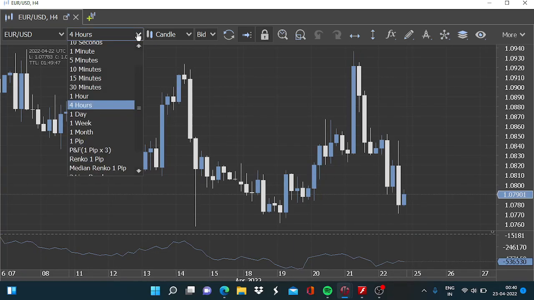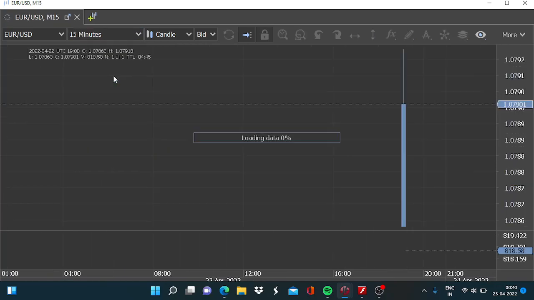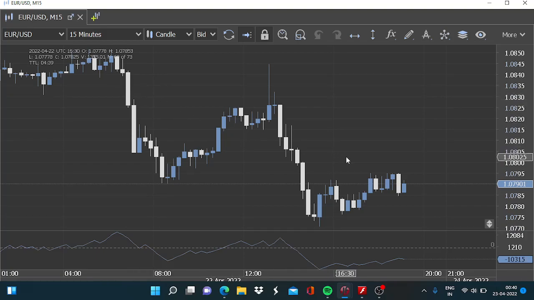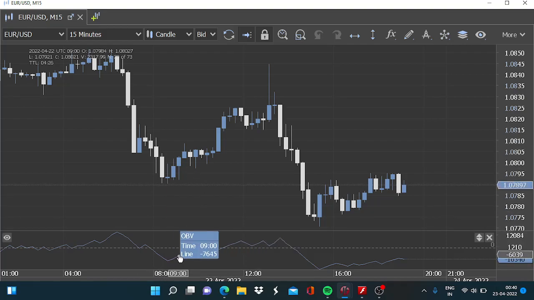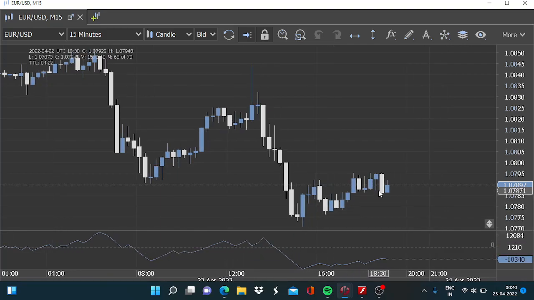Provided the 4 hourly conditions are in favor for the execution of the buy trade, we will utilize the lower time frame of 15 minutes when we see the divergence happening, when the price is moving lower but the OBV output has started to rise. And here we will not really be concerned with the magnitude of the OBV output, rather we will be dealing with its comparison, and we will take the last 15-minute block's output value of the OBV and compare it to the OBV data of 2 hours back.